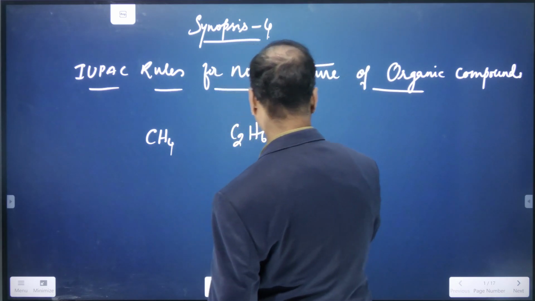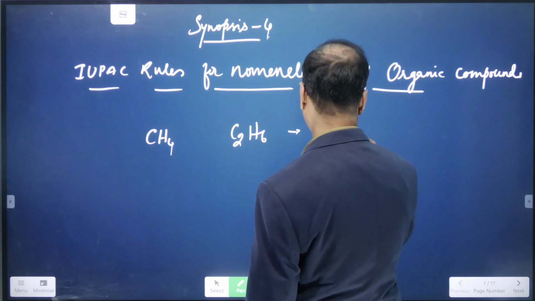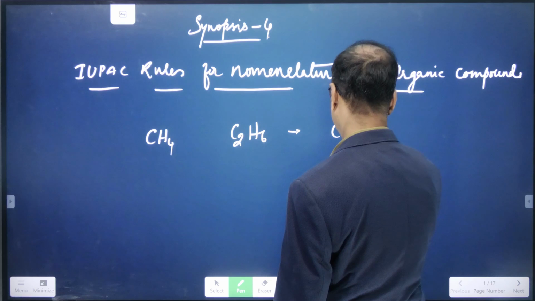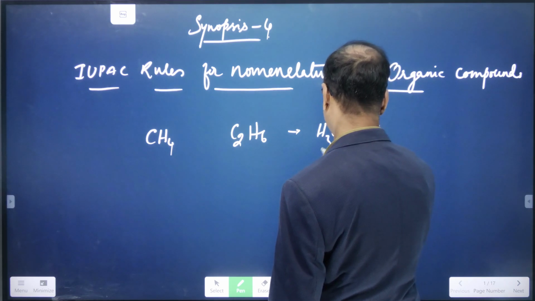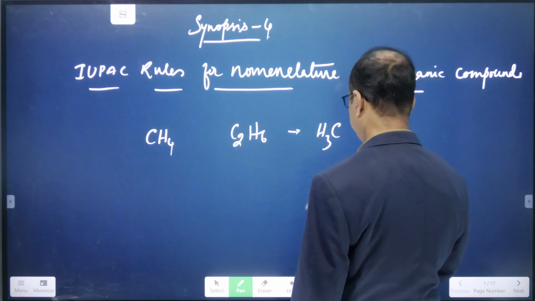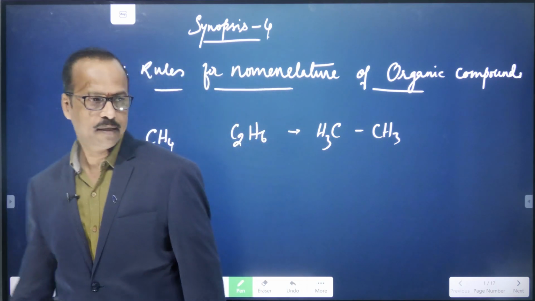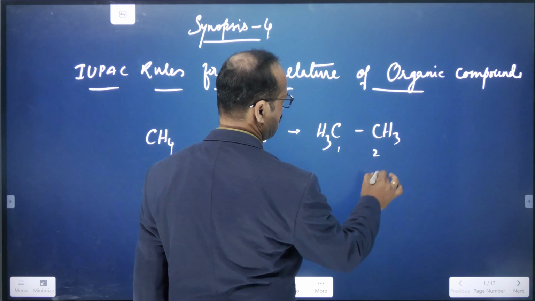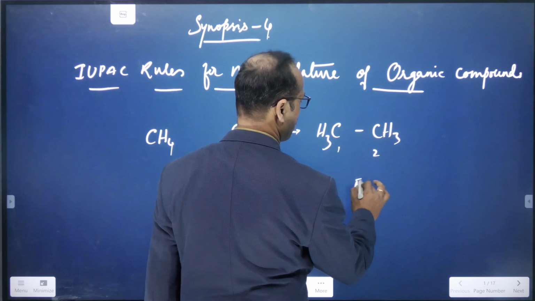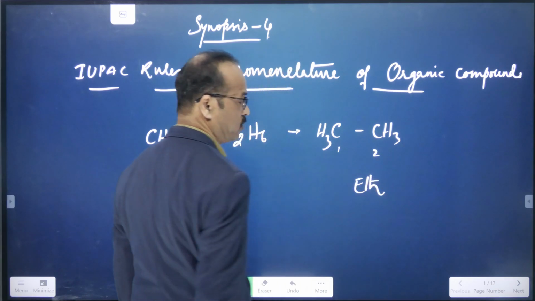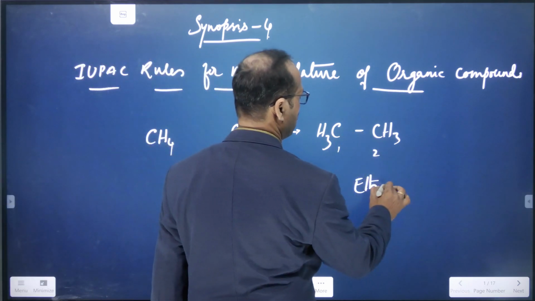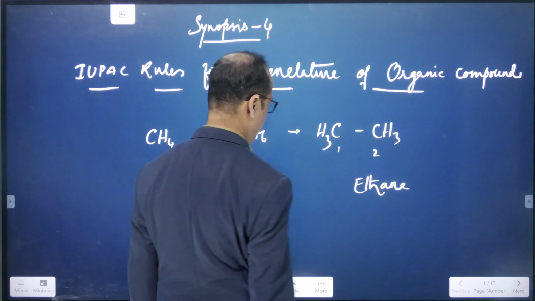How can I write it? Two carbons are there with a single bond, so I can write CH3-CH3. Two carbons are called eth, the root word we already discussed. And a single bond is there, so this is ethane.